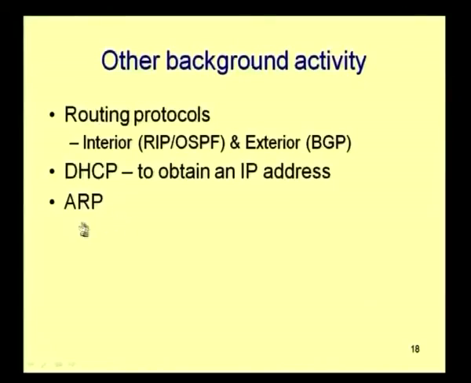A third background activity that would have taken place is ARP. Remember ARP, the Address Resolution Protocol. ARP is used to map IP addresses to physical addresses. Now, in the examples that we looked at, we saw that from the network layer the data is just sent to the data link layer, which takes care of passing it to the correct machine on the other side.